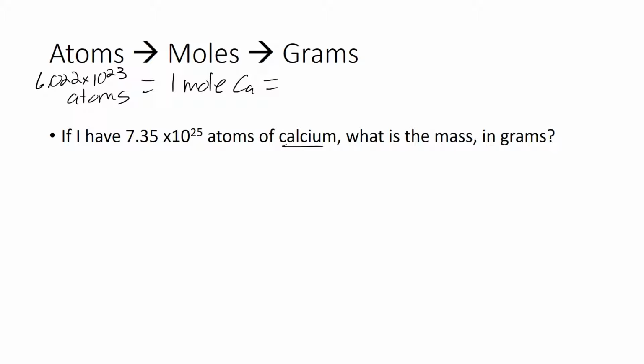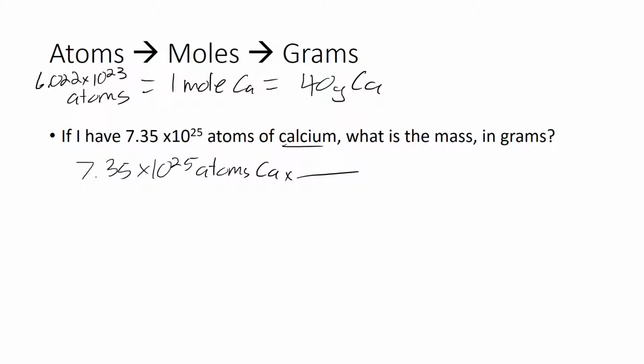If you look in the periodic table, the mass of calcium is about 40 grams. So for every 40 grams of calcium, that's 1 mole, that's this many atoms, Avogadro's number. In this case, we have 7.35 times 10 to the 25th atoms of calcium. So what is the mass in grams?